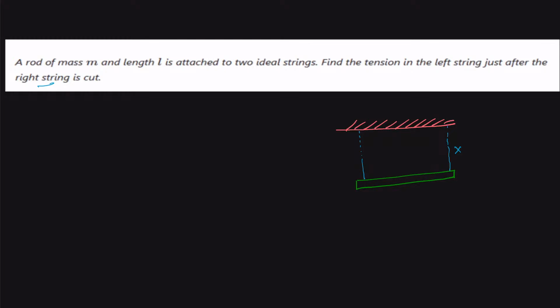It is going to have a tendency to pivot about this point, and the center of mass, let us suppose at C, is going to start to accelerate in the downward direction. Therefore, under this condition, we are going to find out what forces will be acting on this rod.